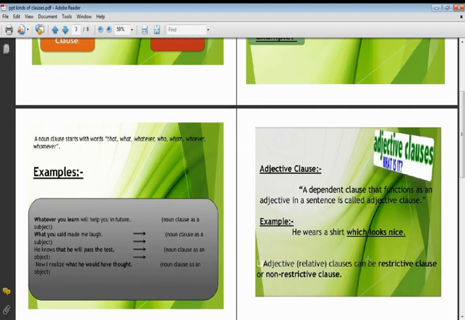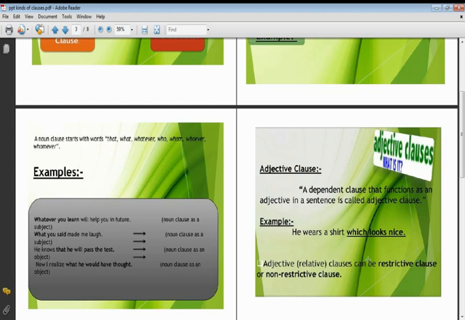"Whatever you learn will help you in the future." What will help you in the future? "What you said made me laugh." What made me laugh? "He knows what." The answer is that he will pass the test. "I realize what." The answer is what he would have thought. So whenever a clause answers "what", it will always be a noun clause.